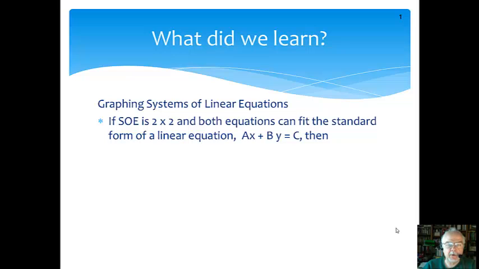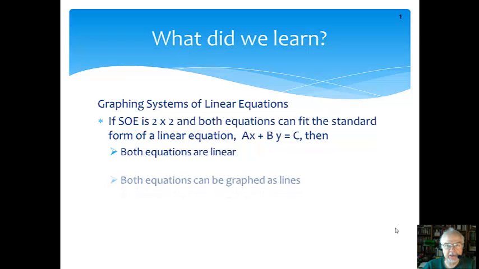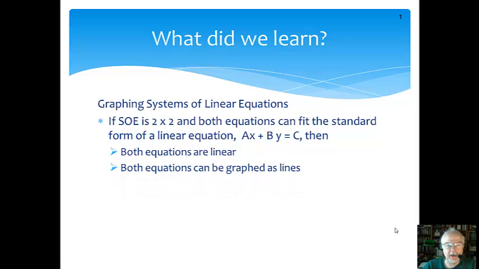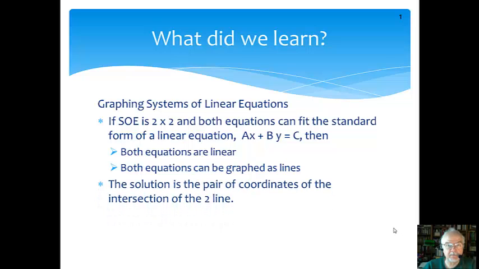Namely, they both look like the form ax plus by equals c. That meant that both equations are linear, or in simpler language, both equations could be graphed as a line. And since they could be graphed as a line, there's one point where the 2 lines are going to intersect.